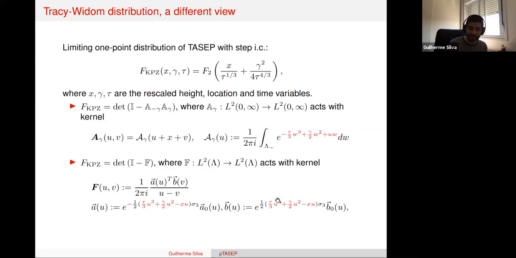Now the parameters are appearing pretty much the same way. The vectors A0 and B0 are again independent of any parameters. They're the same that we had before, right? So two different representations. Of course, there's also a third, which is what happens with the Painlevé equation. We'll come back to it later. Right? And I want to highlight that.